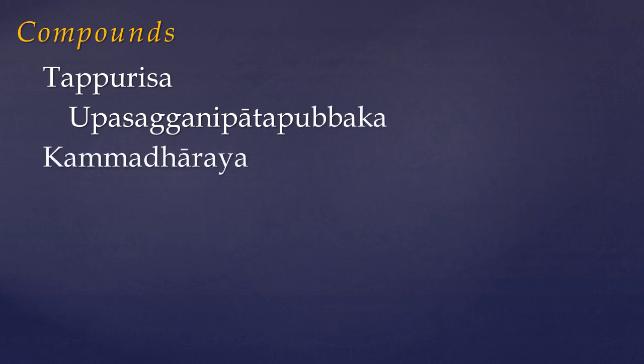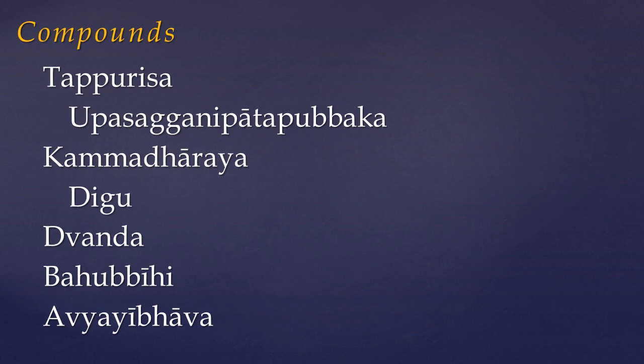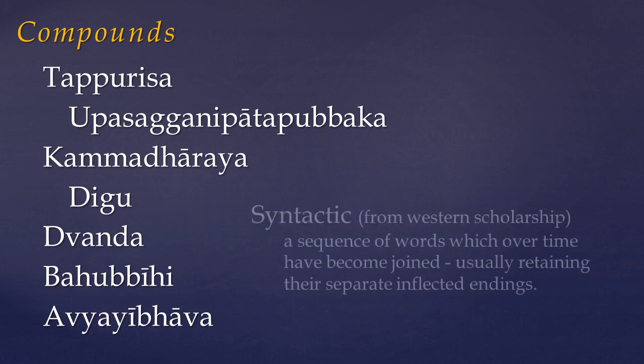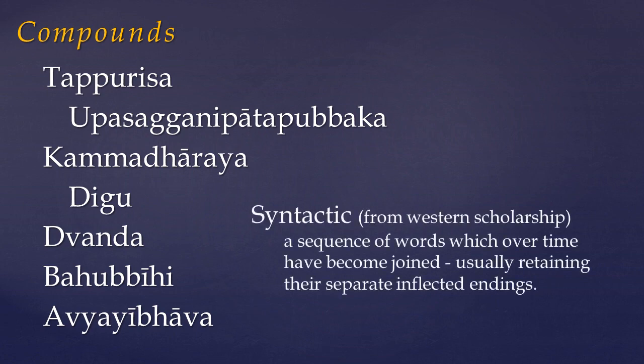And so grammarians have classified compounds into various types based on the relationship between their members. These classes are presented in various ways depending on which is seen as being a subset of the others. And in addition to these traditional groupings, there's what's termed syntactic compounds, which is a class added by Western scholarship.